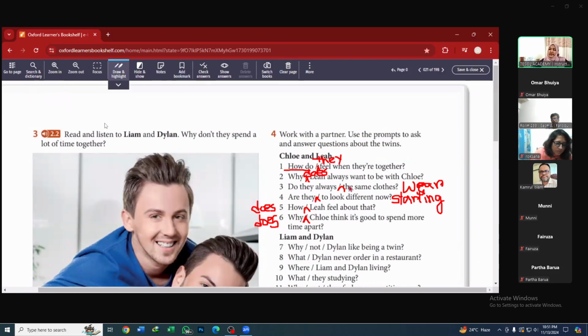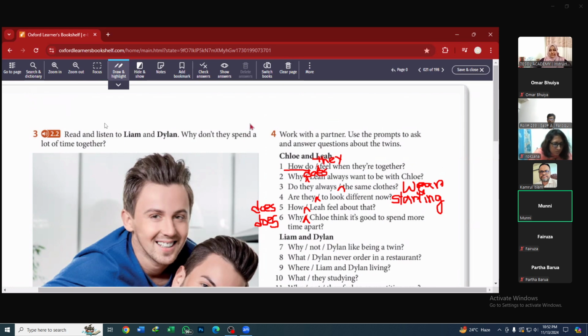So how do they feel when they're together? Miss Munni. Yes, Miss Munni? They feel very happy, like they feel brave. When they stay alone, that time they feel shy.